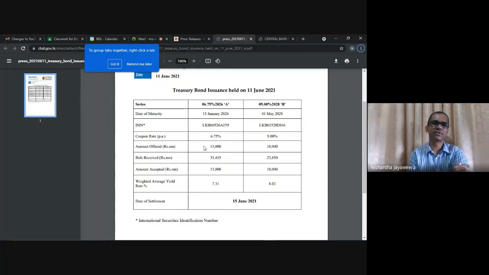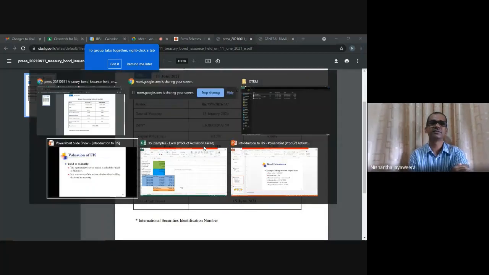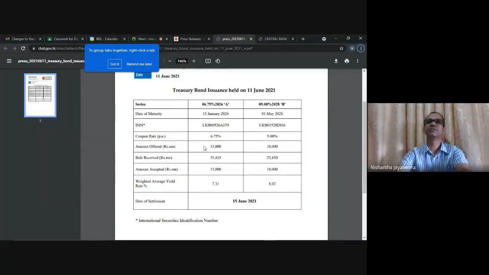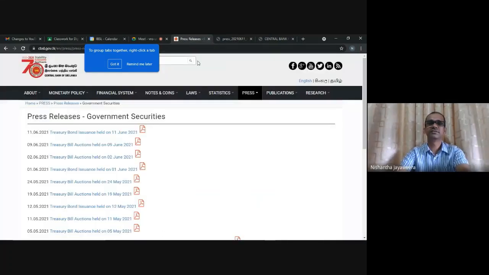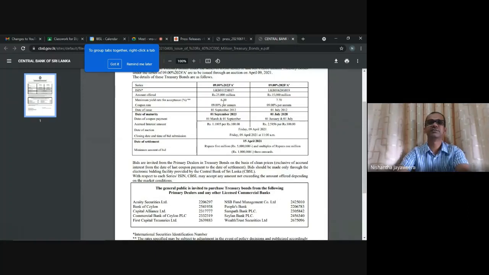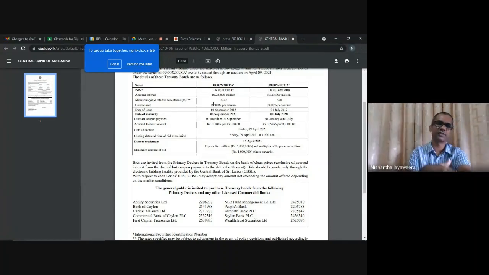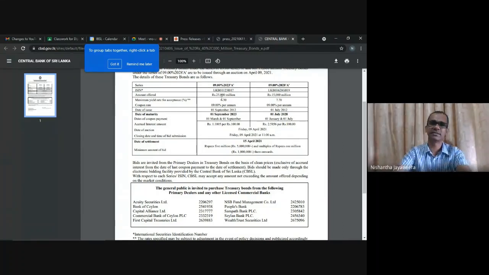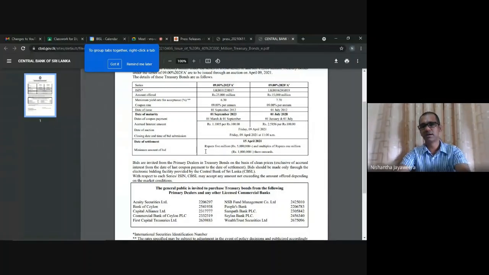Because in the announcement, why do they ask for the maximum yield? Based on whatever the yield, you have to calculate the price and then bid. So you have to make sure that your yield is less than this and calculate the price. That is also possible. I have to check it.